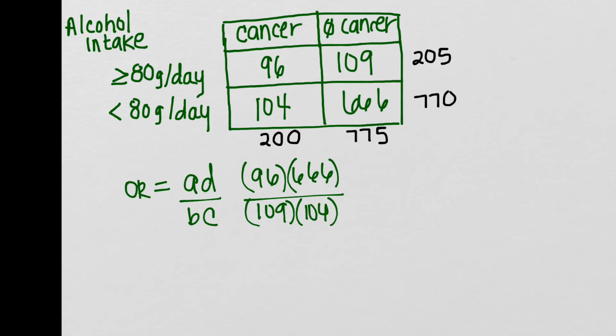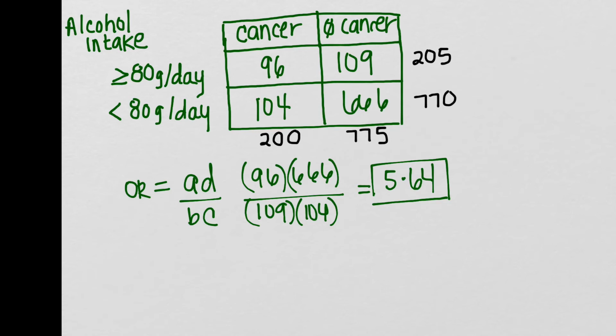And if you do the math along with me, you will see that it gives you 5.64, right? And so what we said is that if you have an odds ratio greater than 1, what does that mean? Remember, it means that taking the pill or being exposed to something, in this case alcohol, is a risk factor. It increases the odds of you developing a disease.